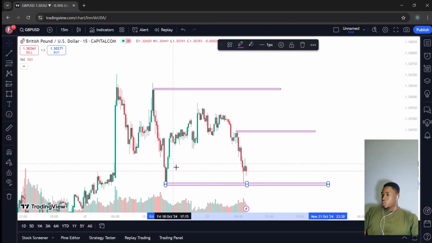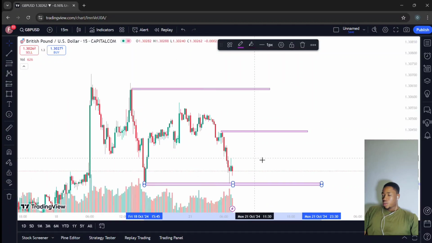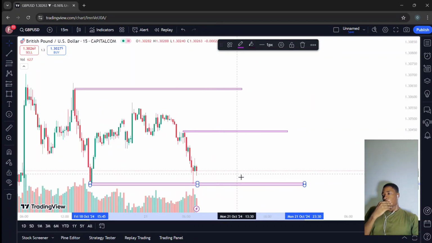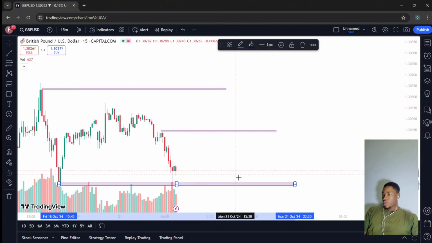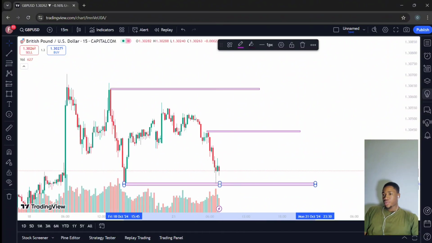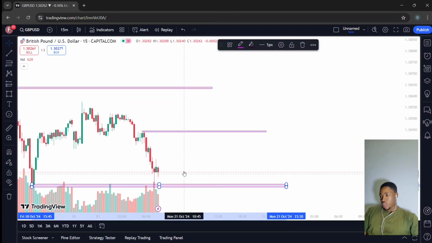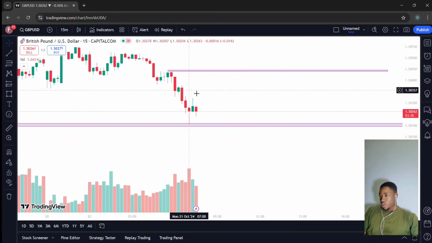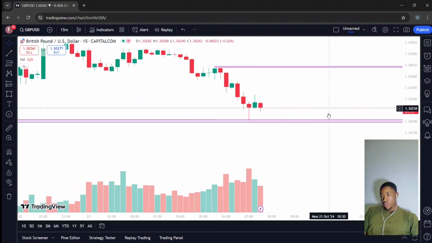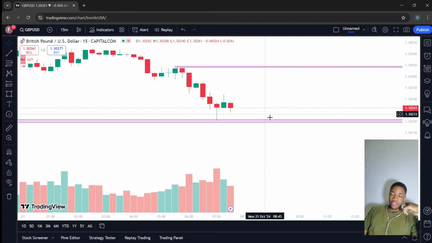So what are we looking at here? The price has actually touched our zone, but it's only support and resistance that we're trading.